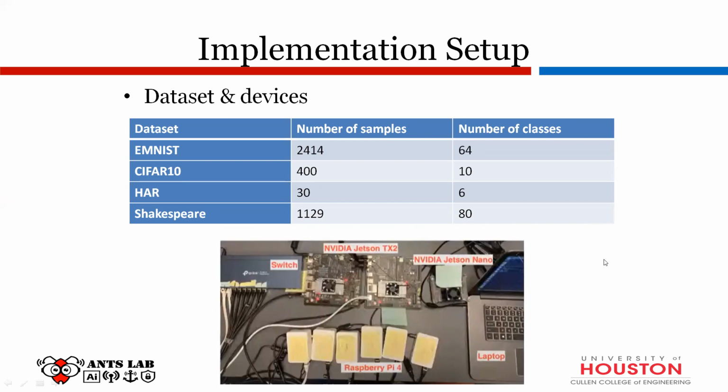I assume that they need to simulate a non-IID distribution setting, because they're talking about personalization, right? So they need to give us an idea about what's the accuracy on each device, and then take the average across different devices.